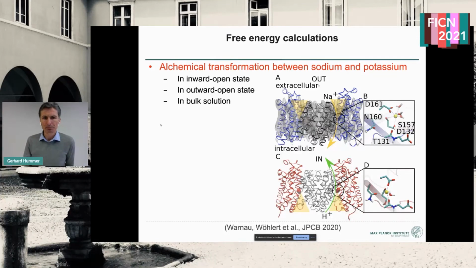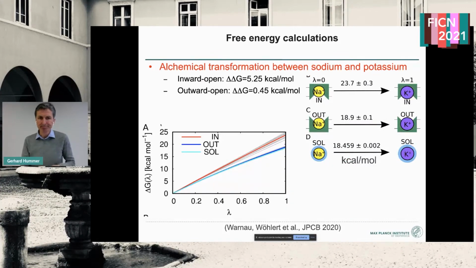So to address this, we performed free energy calculations by interconverting sodium to potassium in an inward open state, an outward open state, and in bulk solution. And what we found was that in the inward open conformation, we had a very high selectivity for sodium, a calculated delta G of about 5 kilocalories per mole.